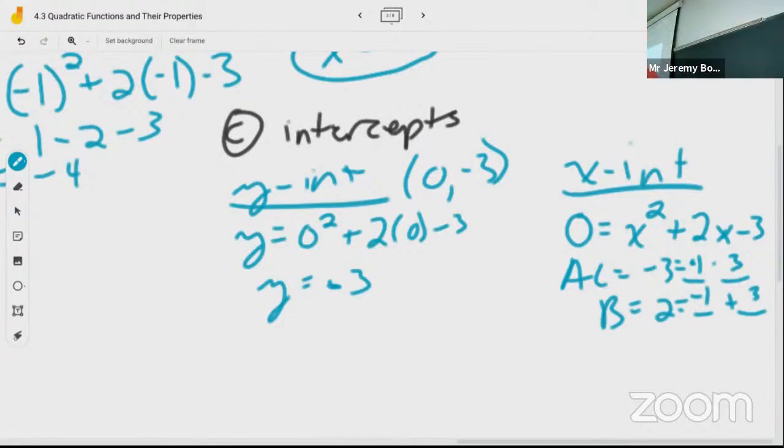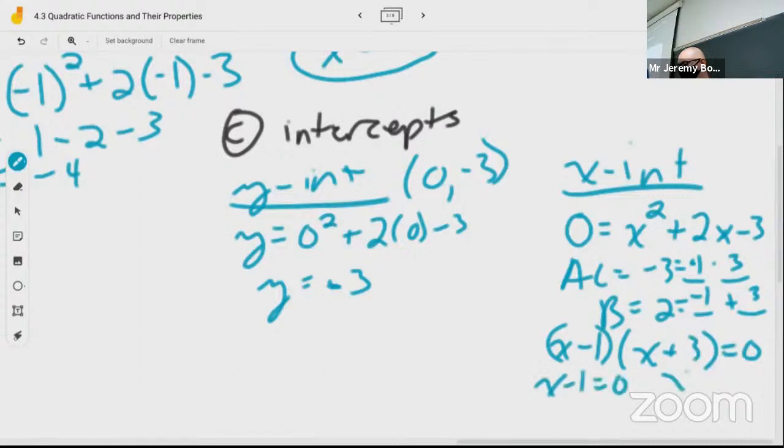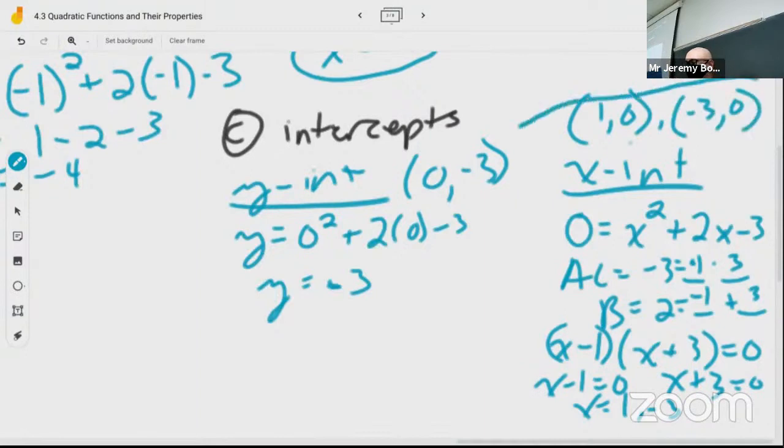And so this will factor to be x minus 1 times x plus 3 is equal to 0, which means x minus 1 is equal to 0 and x plus 3 is equal to 0, which means x can equal 1 or negative 3. So we'll have two x-intercepts like we thought. It's going to be 1 comma 0 and negative 3 comma 0. And those are my intercepts there.